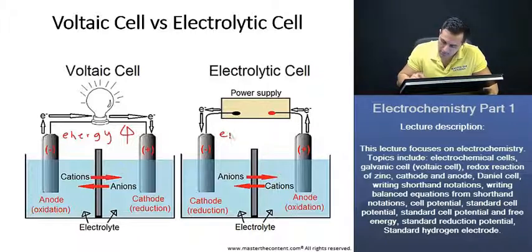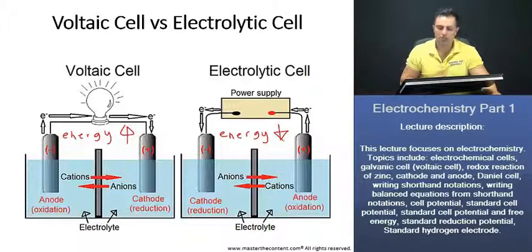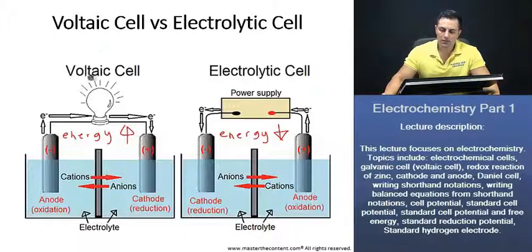We can say that our energy is now going in that direction. Okay, great. We'll delve a little deeper now and get into the components of a voltaic cell, and then we'll revisit the electrolytic cell in depth in a coming lecture on electrochemistry.